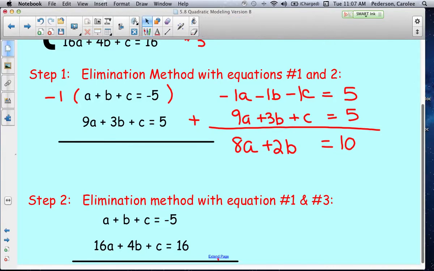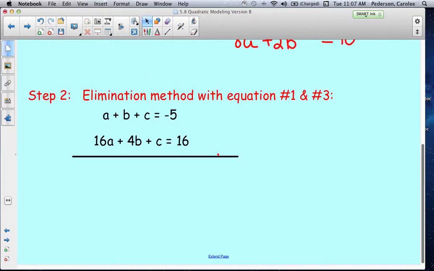Step 2. Now we're going to work with equation 1 and 3 from our original system. And we want to eliminate the c again. So the equation 1 is a plus b plus c equals -5. And then equation 3 is 16a plus 4b plus c equals 16. So let's do the same thing again.